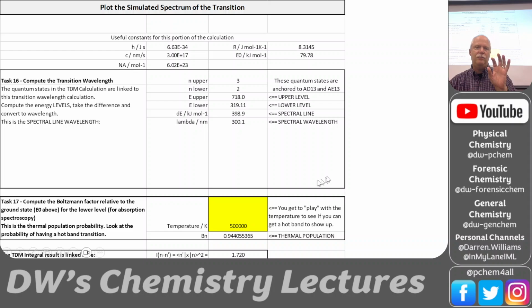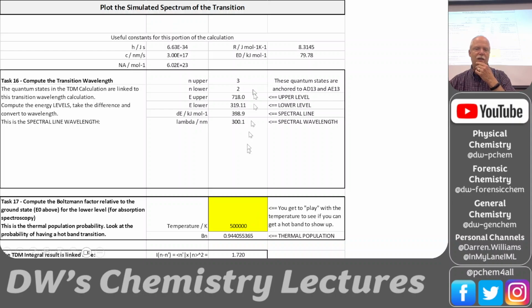So then we get to the plot of the simulated spectrum of the transition. We do it for one peak here. So we've got to calculate the Boltzmann factor. It's the thermal population of that ground state, or the initial state, I should say. And then we've got some wavelengths.